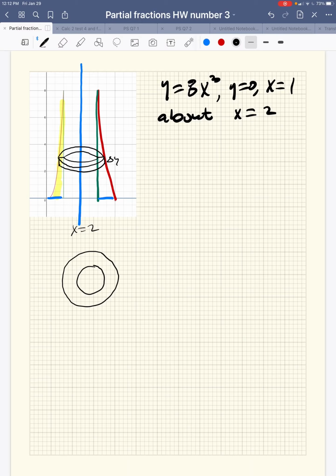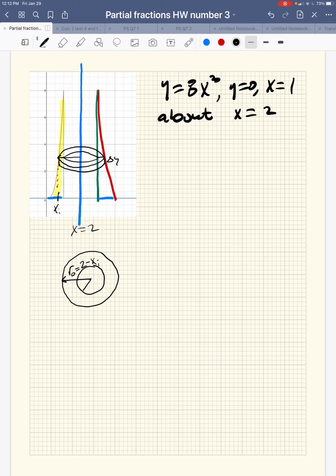And the radius now, the outer radius would go out to this curve here. So, going out to the edge, if this is some x coordinate, x sub i, well, the length of that would be 2 minus x sub i. So the outer radius would be 2 minus x sub i.